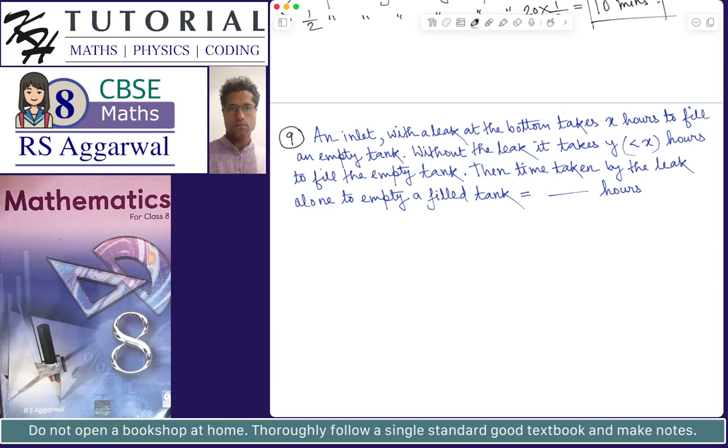So let the inlet without the leak be A and the leak be B. The time taken by A to fill the empty tank is y hours, as given in the problem.